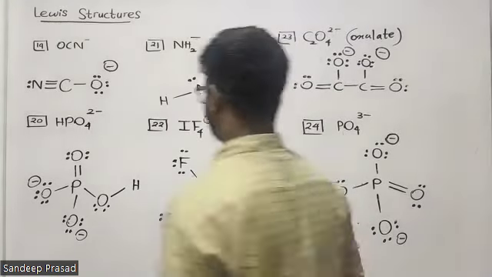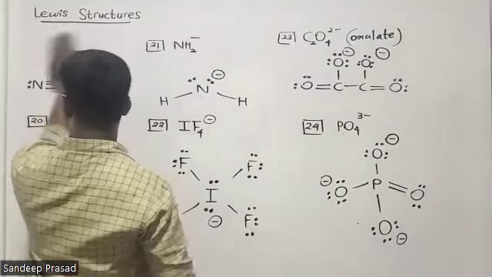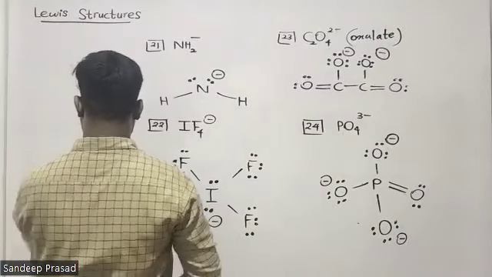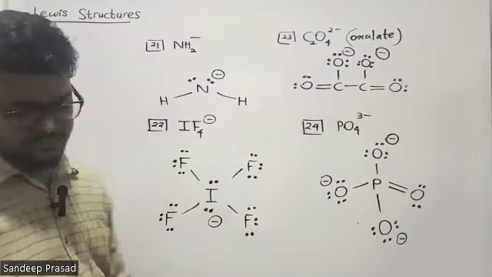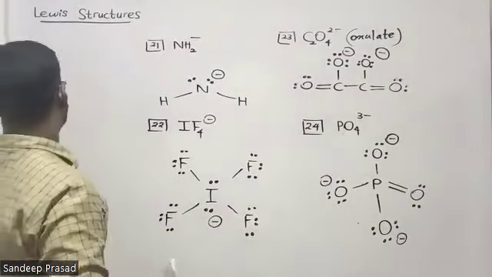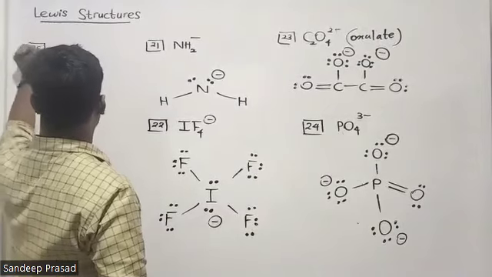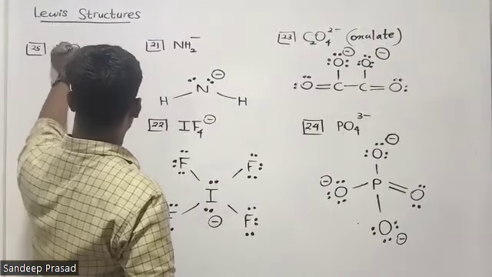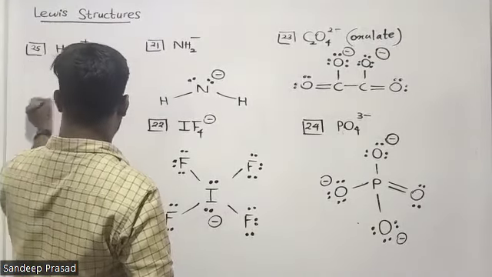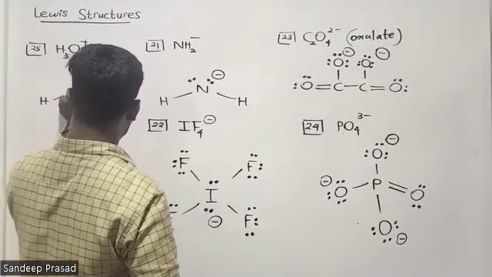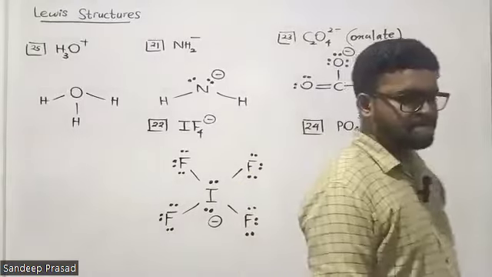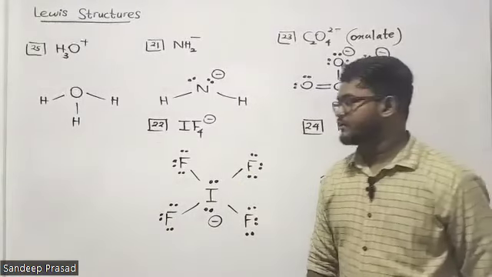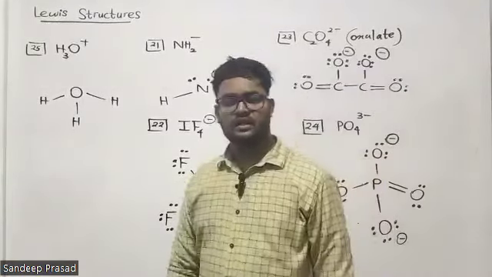Number 25, interesting. H3O plus, considered as hydronium. Oxygen is the central atom with 3 hydrogens. Students, tell me, now hydrogen is connected to the oxygen atom through a single bond.